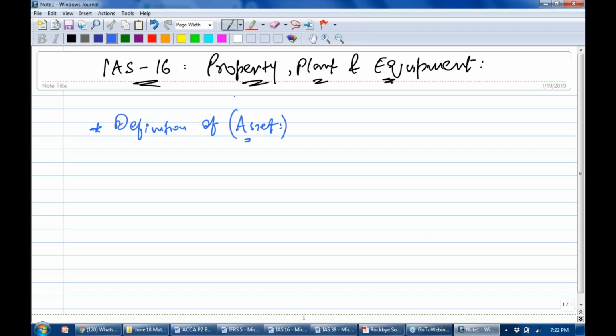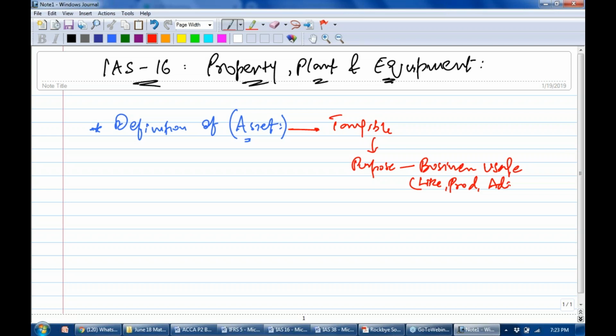But particularly if the asset is tangible and for the purpose of business usage, like production, administration, marketing, all these, not for the purpose of sale, not for the purpose of trade, not for the purpose of capital gain.